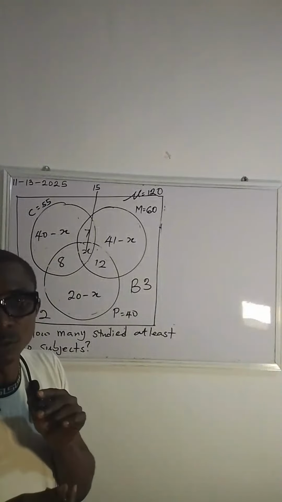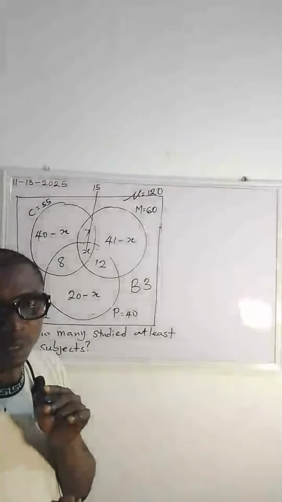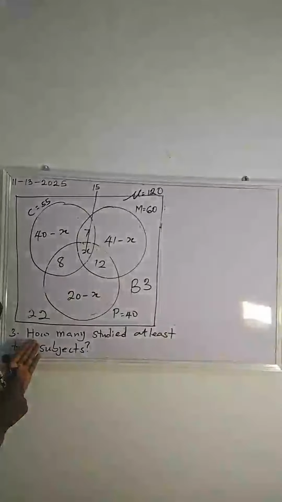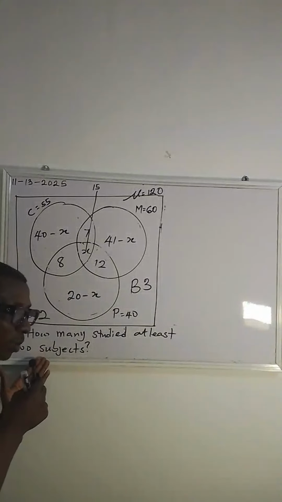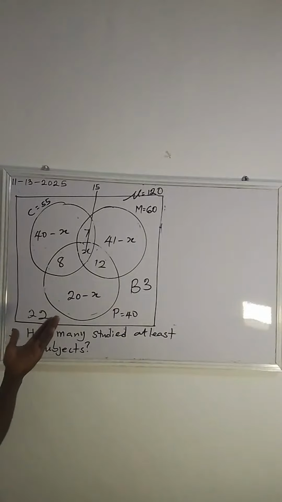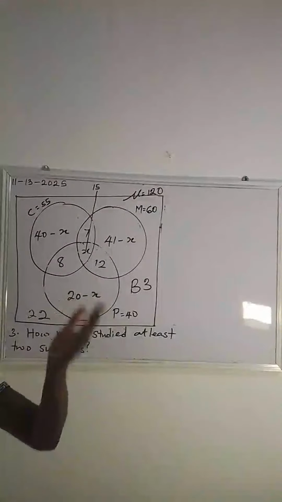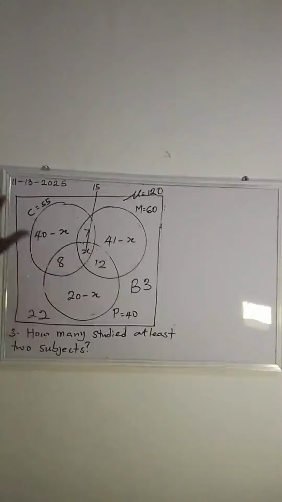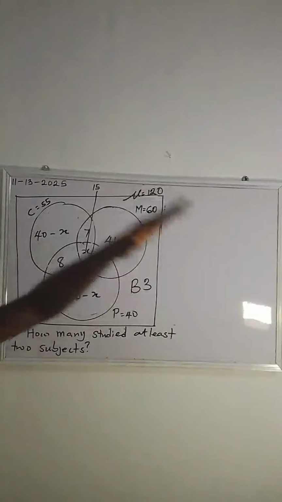That means from 500 upward. The same thing applies here: from 2 subjects upward. We are asking for the number of students that study 2 subjects and more.